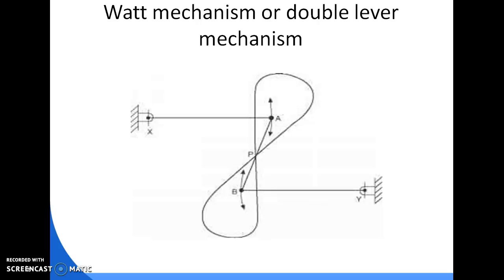AX and BY are levers, the ends of which are X and Y. For a small displacement of levers AX and BY, P will trace an approximate straight line, where point P is located on AB such that AP by PB equals BY by AX.